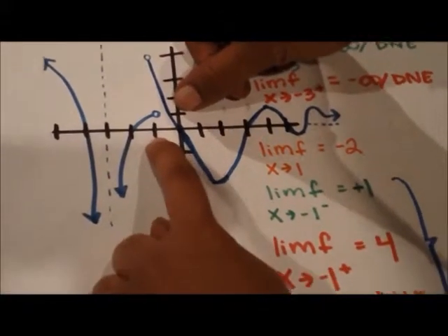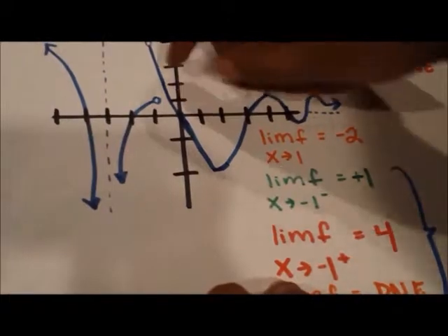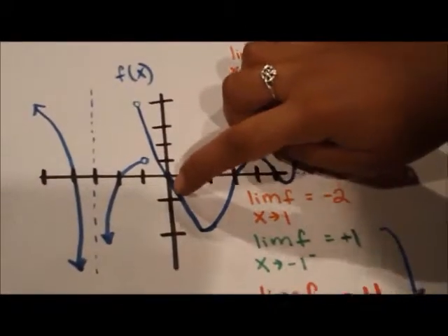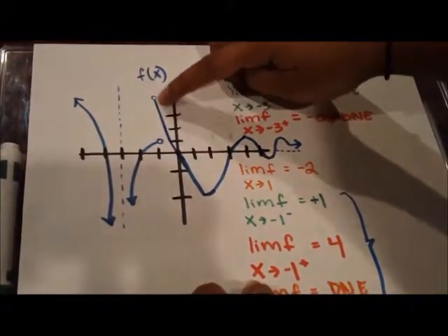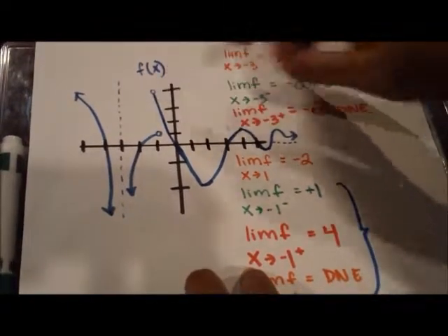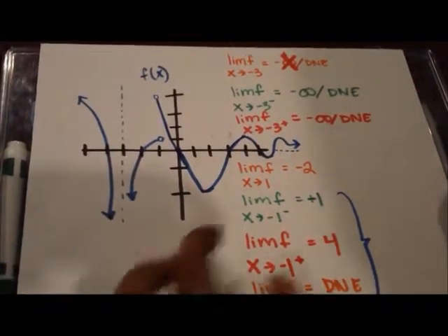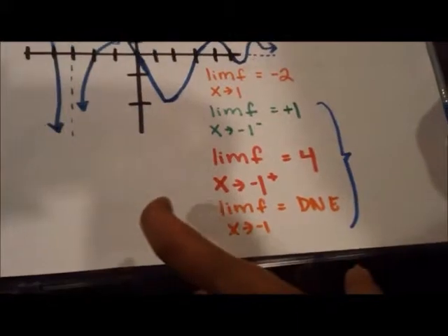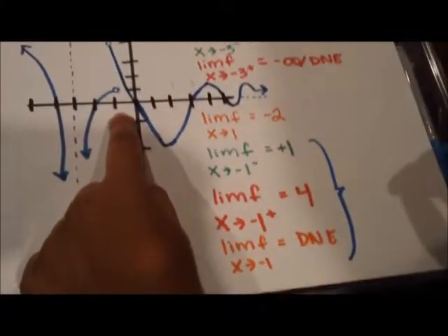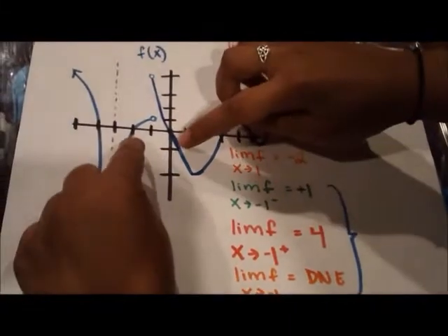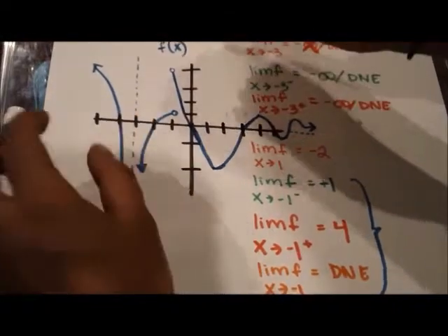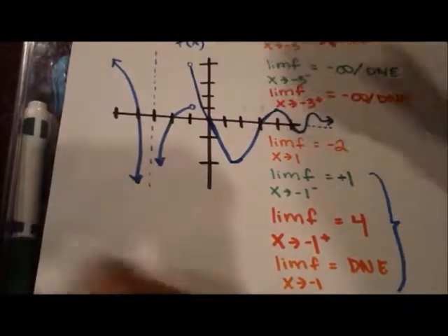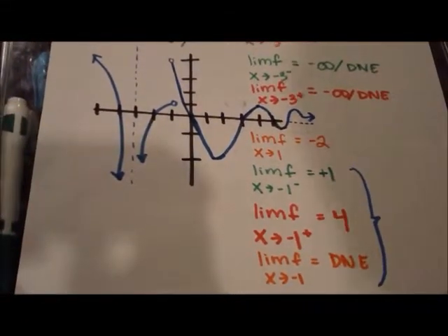However, if we look at the function approaching negative 1 from the right, we can see that it approaches the y value of 4. Therefore, when the function approaches negative 1 from both directions, there is no limit because there are two different y values.